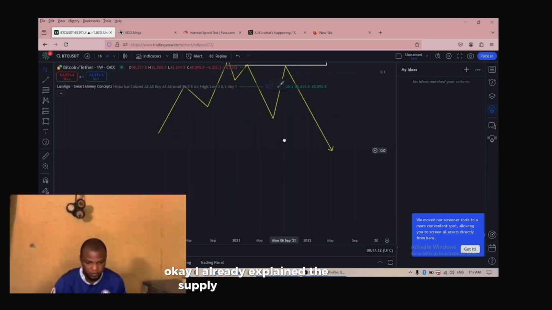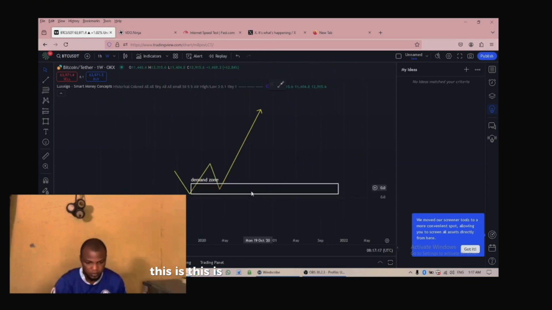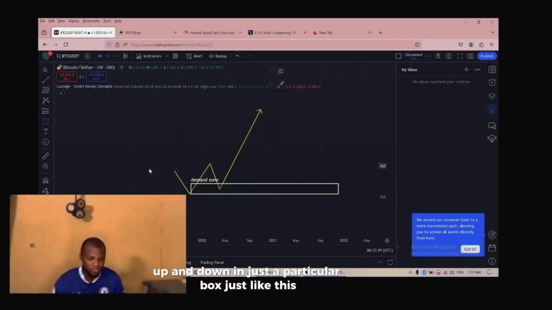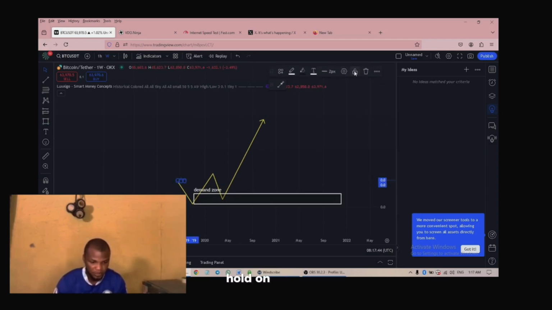Let's continue. I already explained the supply and demand zone. This is the way the demand zone and supply zone always look. When you see enough consolidation in a particular zone, just like the way I've explained the resistance and support, you will see the market just keep moving up and down, up and down, in just a particular box, just like this.